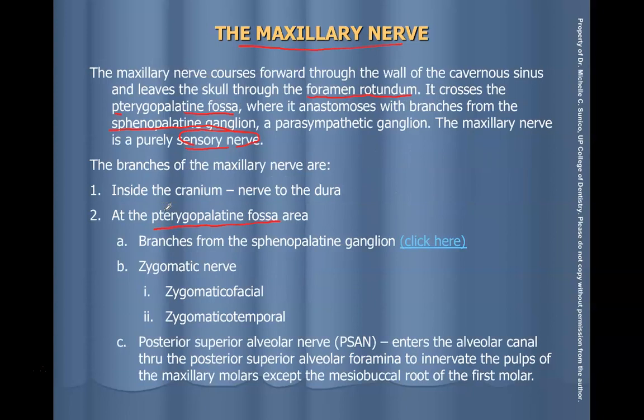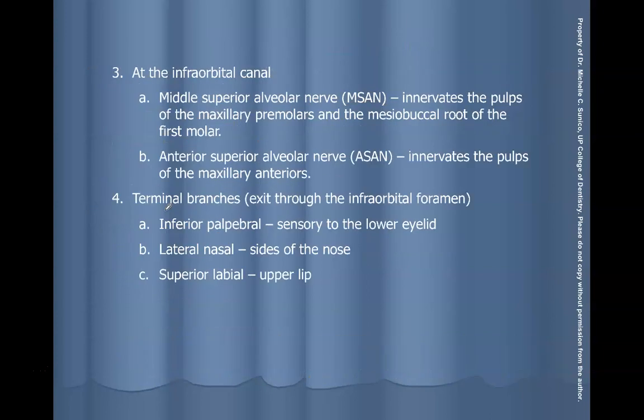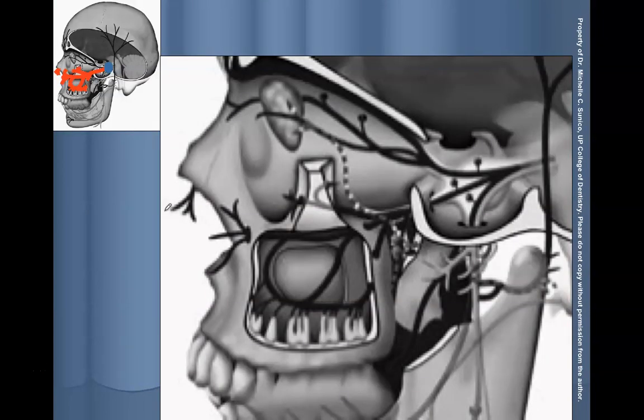Let's go back. So the first area are the branches inside the cranium, and there's only one branch, which is the nerve to the dura. Okay, and we can see that in this diagram. So let us now trace the route of the maxillary division.